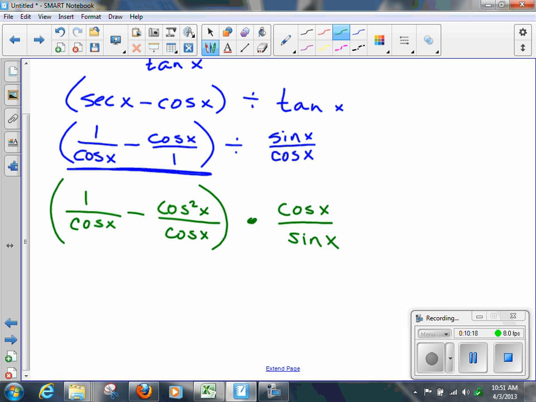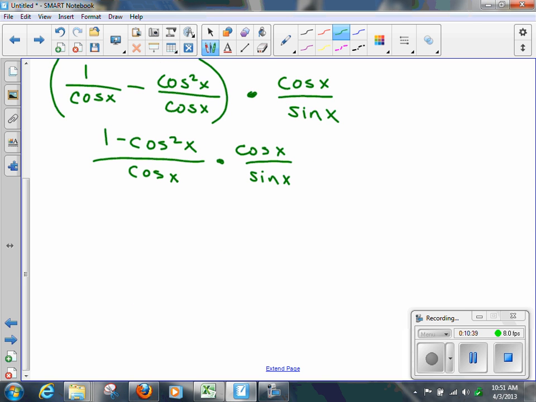Are y'all cool with that? Okay? You got to follow me. What can I do? Smush them together, because I have like denominators. So I've got 1 minus cosine squared over cosine times cosine x over sine x.